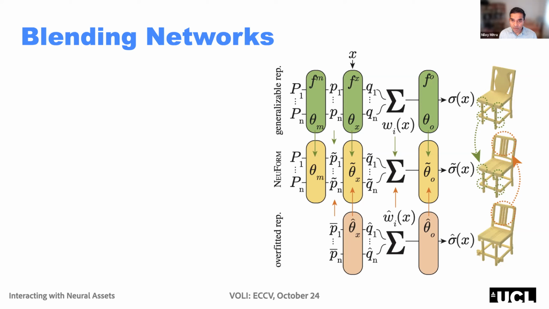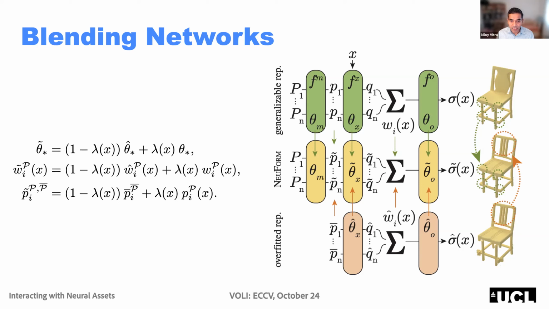The green one is the generalizable one with this local coordinate frame encoding. So that's the top branch. And each of the query parts is aggregated by the big summation sign using some weighting coming from the attention layers. And the overfitted one, as you see on the bottom, doesn't have a collection of parts. It's just like a single object. So that's all good. And then the green and the pink are blended to get the yellow one. And the blending is just linear blending.